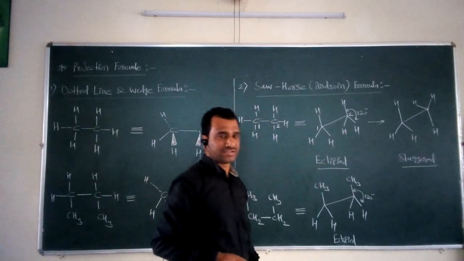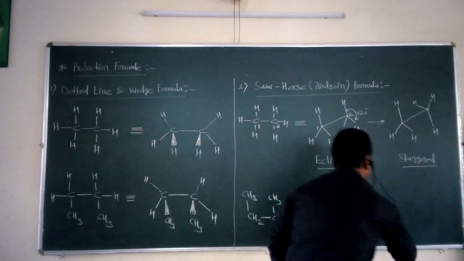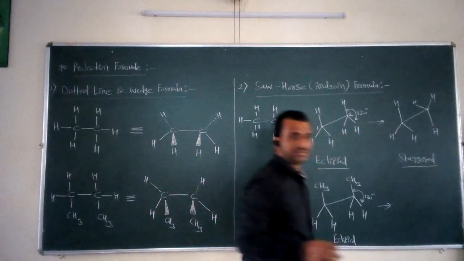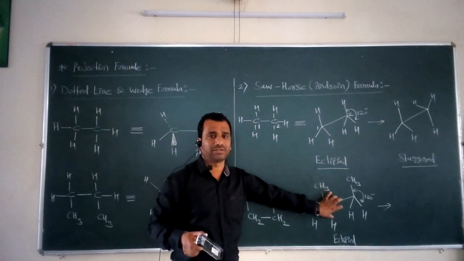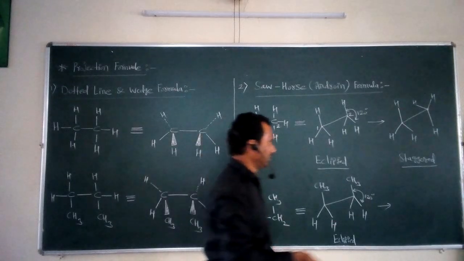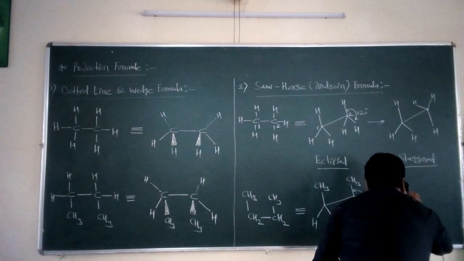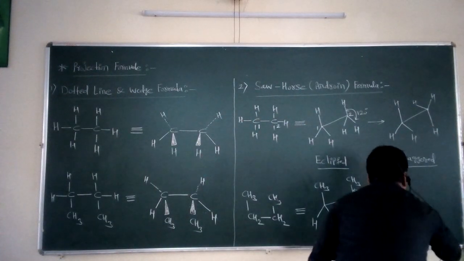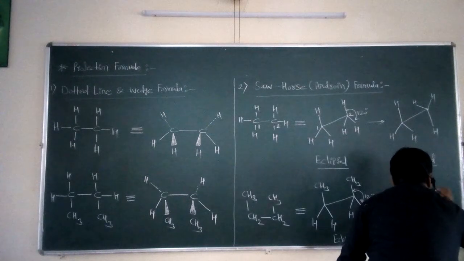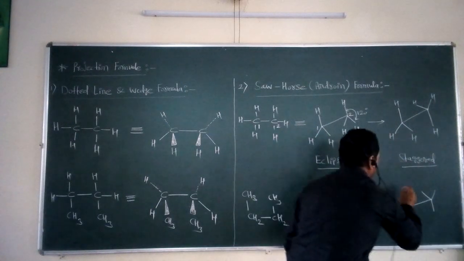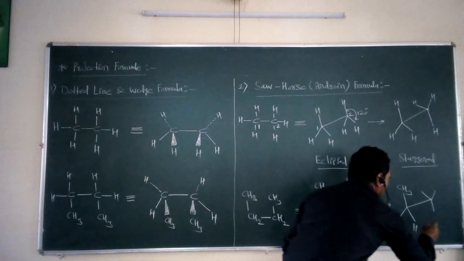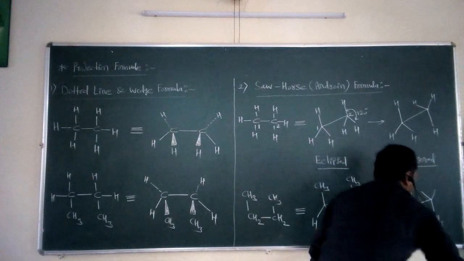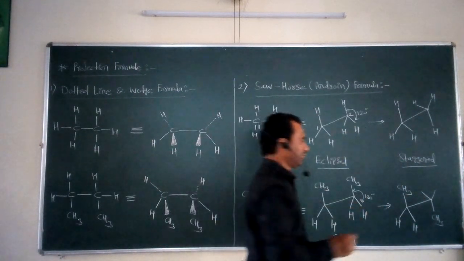It is an eclipsed structure, and the same structure can be shown in another form that is called the staggered. So what we have to do for this staggered conformation? Just rotate the bond between these two carbon atoms. Then we get the second form of this Sawhorse formula. So we show here CH3, this is H, now this CH3 is at the bottom position.